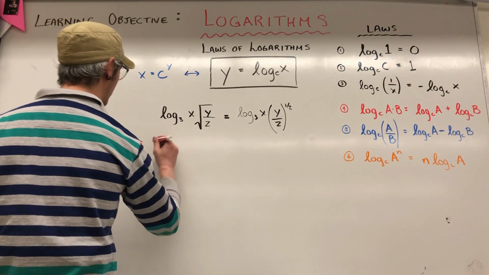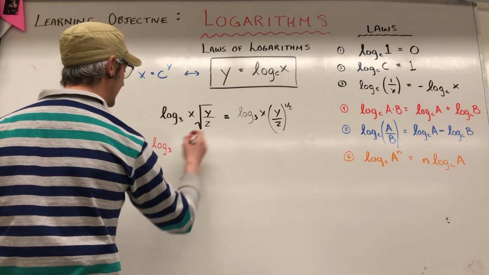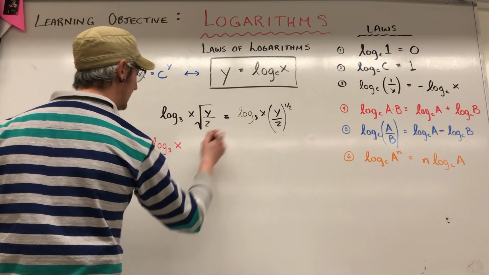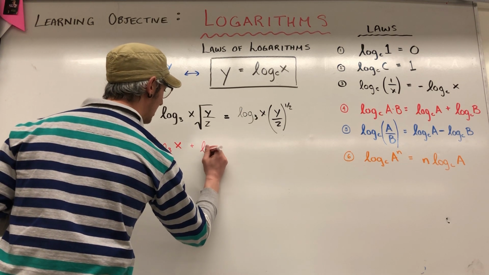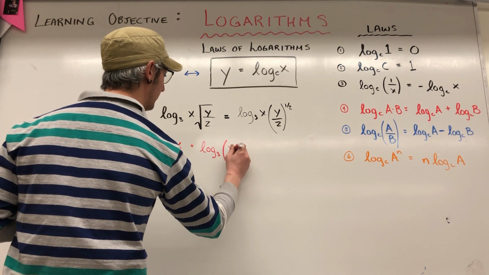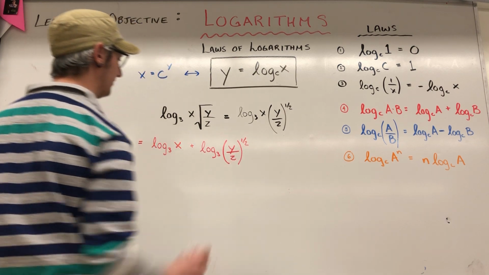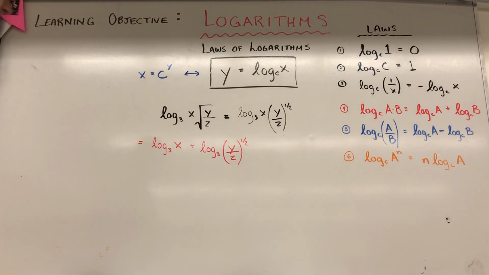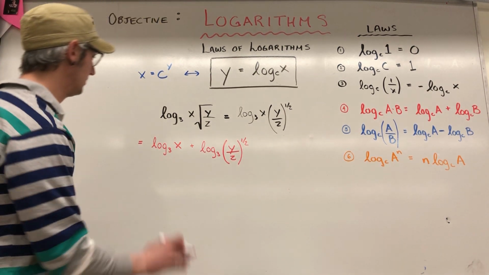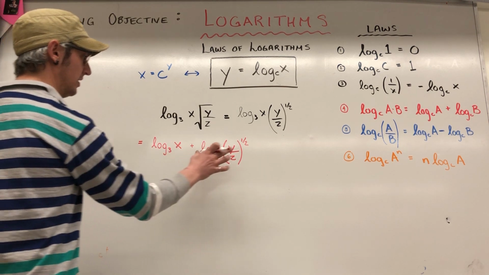So I get log base 3 of x plus log base 3 of y over z to the 1/2. Now this part is pretty much done. There's nothing else I can do on this one right here.